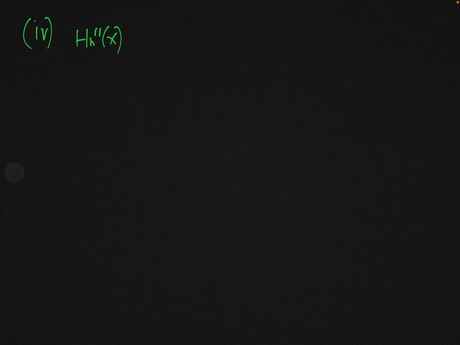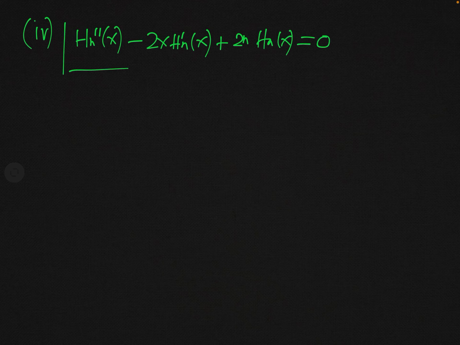It means this is the second order derivative of Hn of x, and minus 2x times Hn prime of x and plus 2n Hn of x. This is equal to 0. This is our fourth recurrence relation regarding the Hn of x.